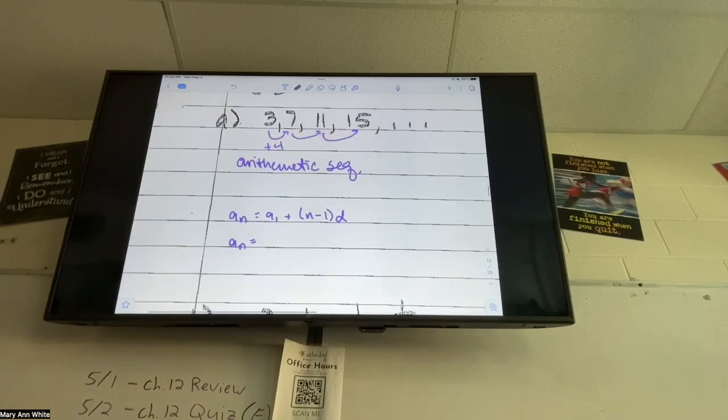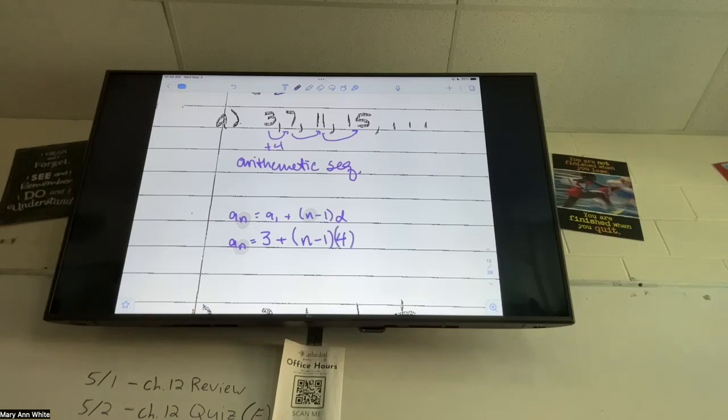However, we know what the first term is. What's the first term in that list of numbers at the beginning? 3. Good. I do not know what n is because I just haven't figured out what number I'm doing, so I'm going to keep that as an n minus 1. That doesn't change. But then d, what's my common difference?